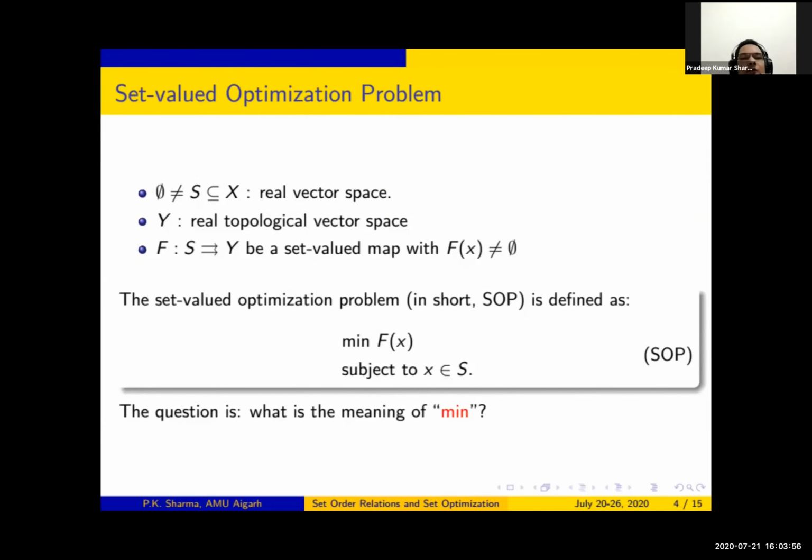Now we are ready to formulate the set valued optimization problem. For a set valued map defined on a non-empty subset of a real vector space to a real topological vector space with non-empty values, the optimization problem with set valued maps is to minimize the objective function f over the feasible set S. Now the important question is what is the meaning of the minimum in the formulation of the set valued optimization problem?